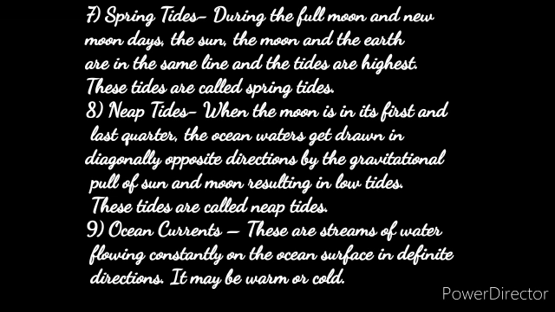Ocean currents are streams of water flowing constantly on the ocean surface in definite direction. These ocean currents may be warm or cold. It can be of any type.